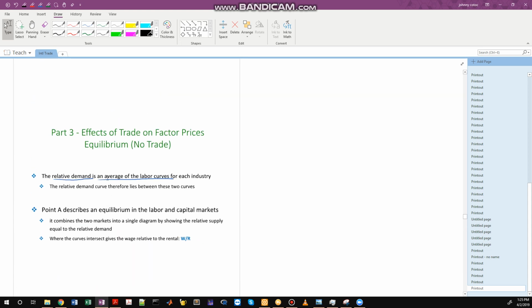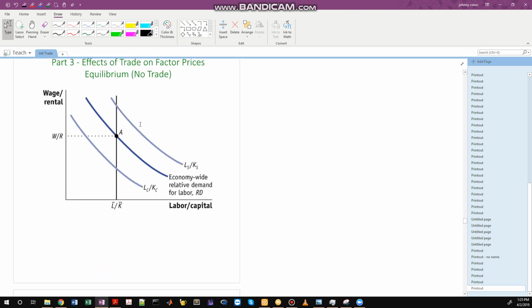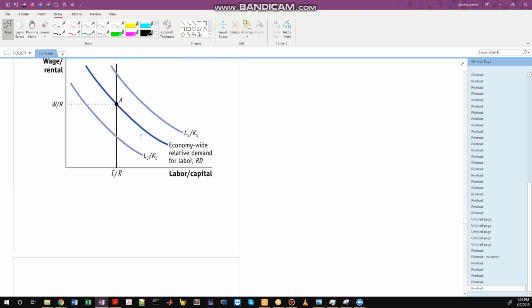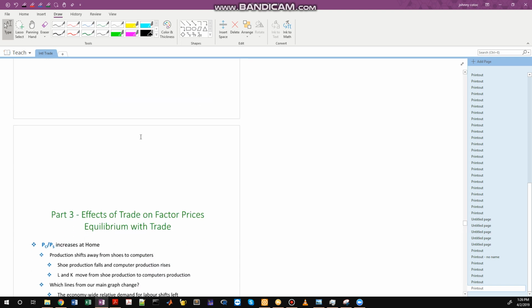This relative demand is just the average. The key now is to understand how this average changes when prices change. If you understand how this average changes as prices change, then everything else, the factor prices or the returns to the factors of production, come right out of that.